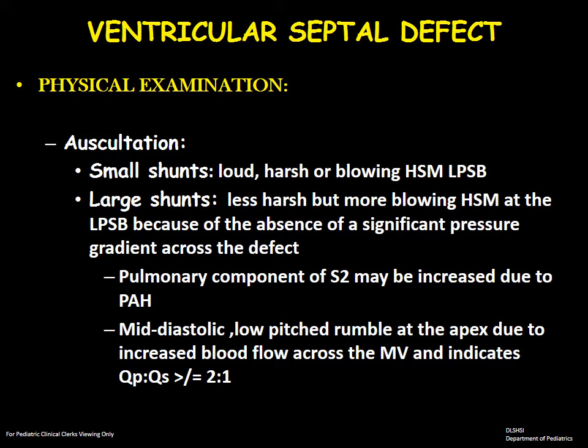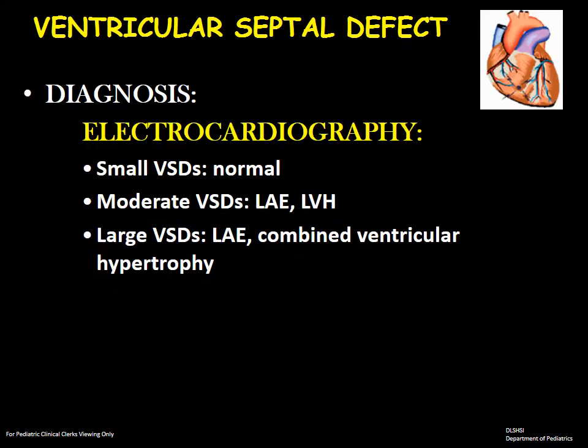Your pulmonary component of S2 may be increased due to pulmonary arterial hypertension. There can be a mid-diastolic, low-pitch rumble at the apex due to increased blood flow across the mitral valve that indicates a QP:QS more than 2:1, and this is your relative mitral stenosis.